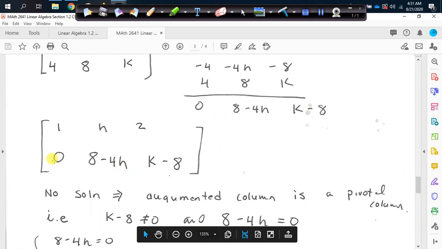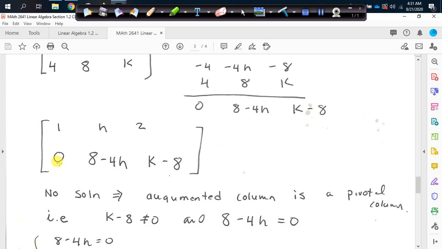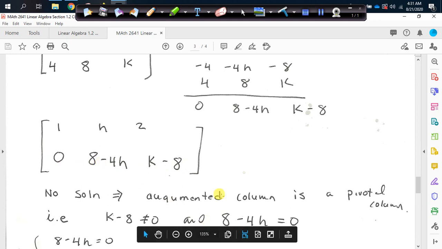Now remember, if a system has no solution, then it's going to have a row where you have all zeros here, and this is not 0. So we've got a 0 here, so we want 8 minus 4h to be 0 and k minus 8 to not be 0.